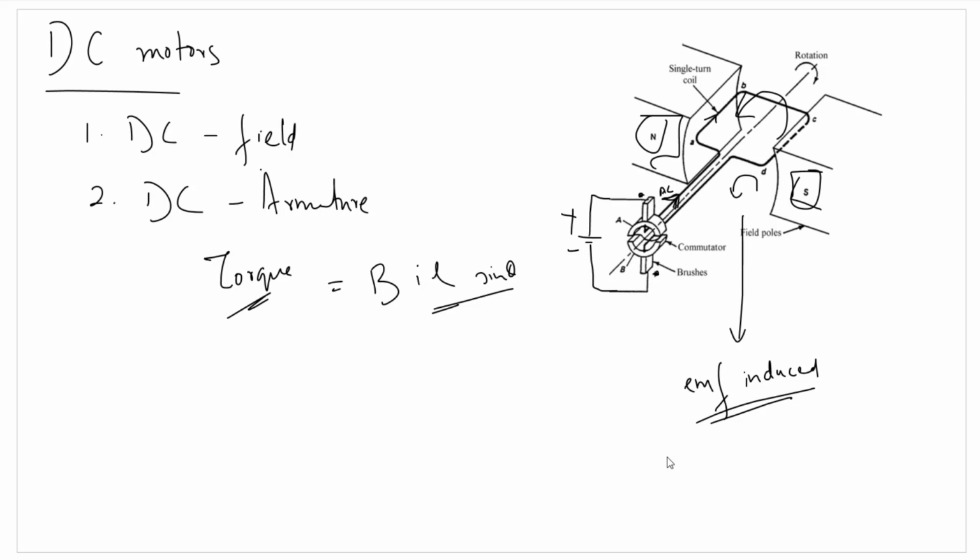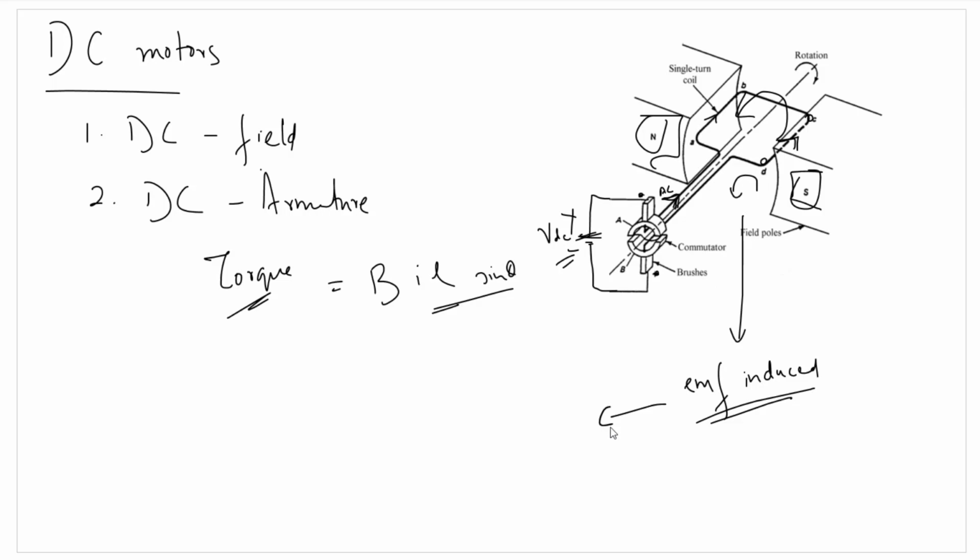So, this EMF will now act in a counterclockwise direction. That means an EMF is induced in the armature conductors, but already the armature is being supplied from this DC voltage source that's located externally. So the EMF induced now in these conductors will start opposing the armature voltage that is being applied.